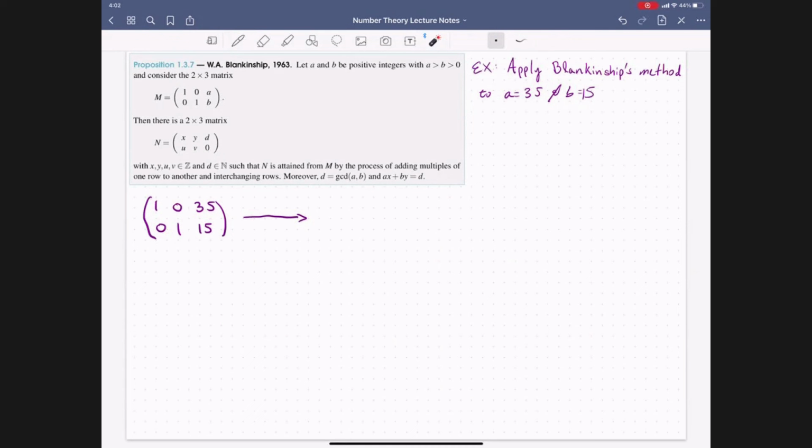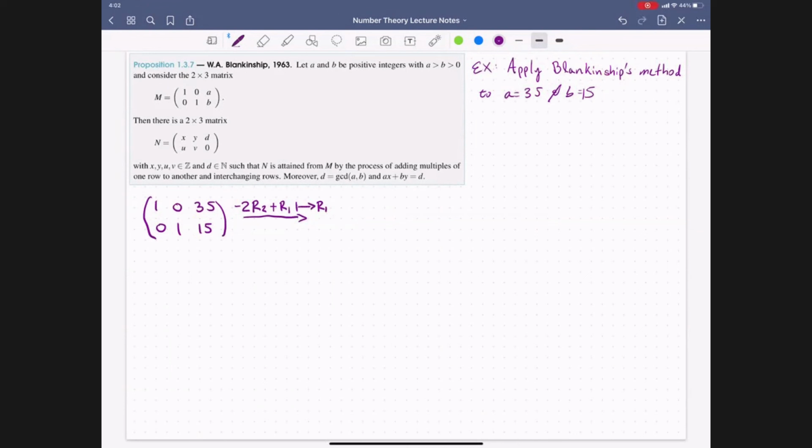So, with that in mind, let's go ahead and multiply row 2 by negative 2, sorry, and then add this to row 1 and replace row 1 with that.